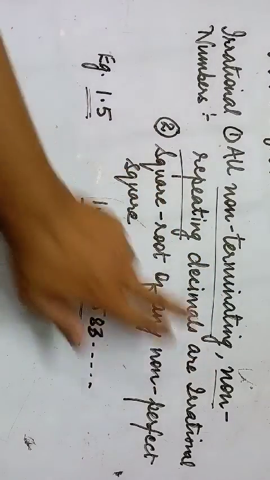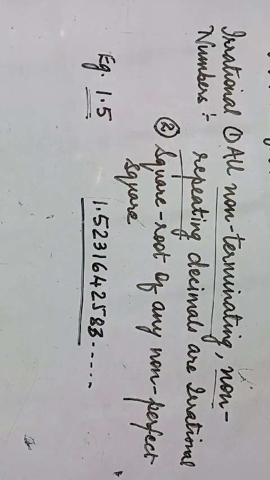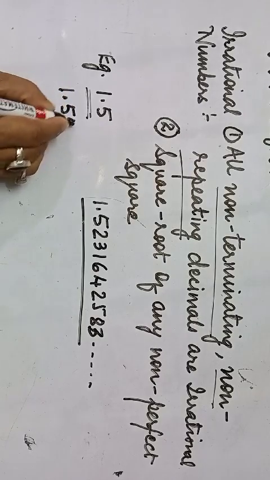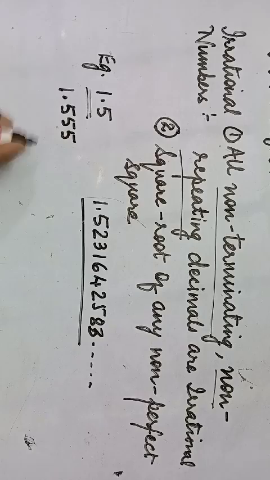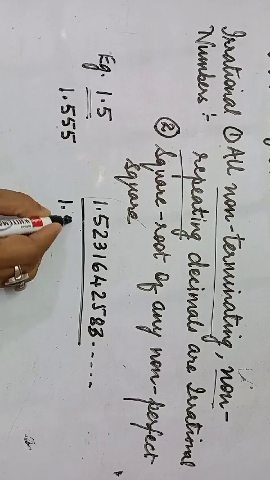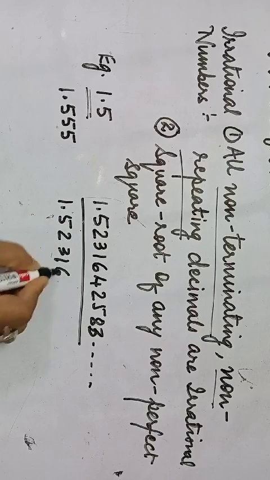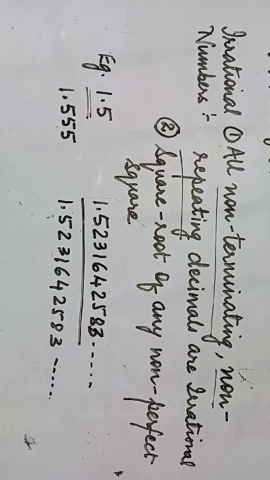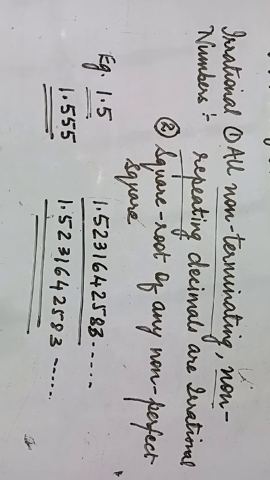Now come to the word non-repeating. Take that example again: 1.555, something like this. Whereas again you have 1.523164258 and so on. Now when you compare these two numbers, the difference is that all the digits after the decimal place are repeating.